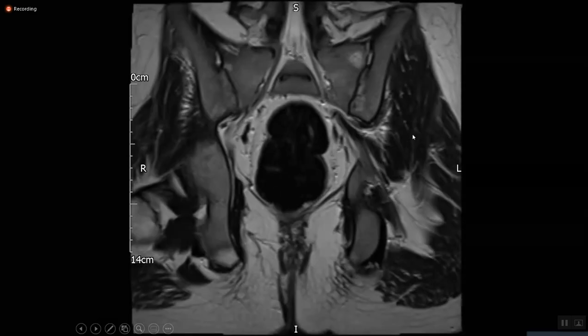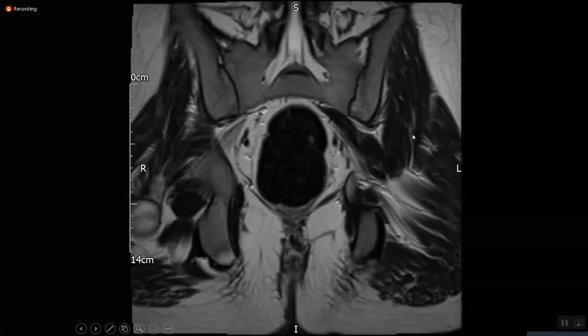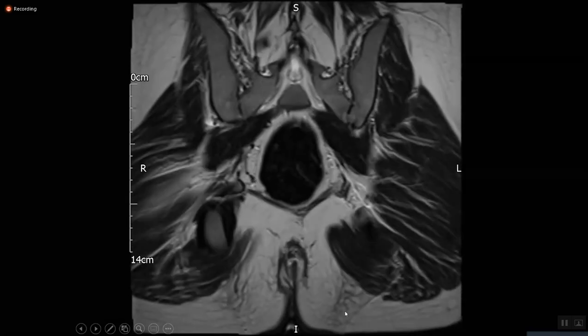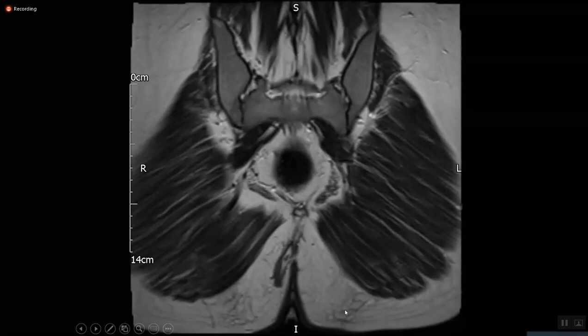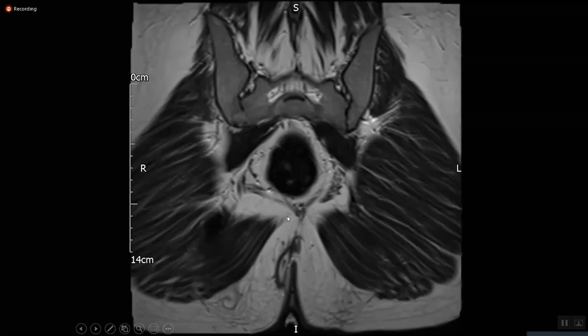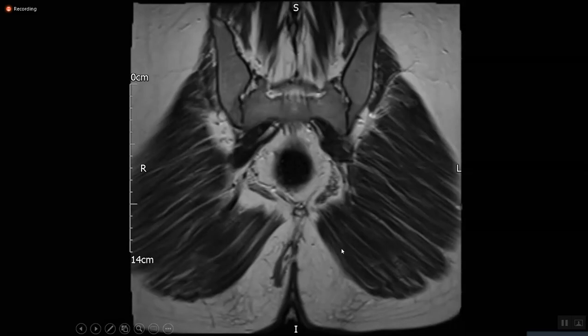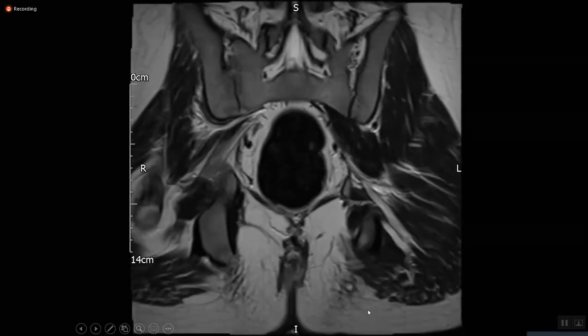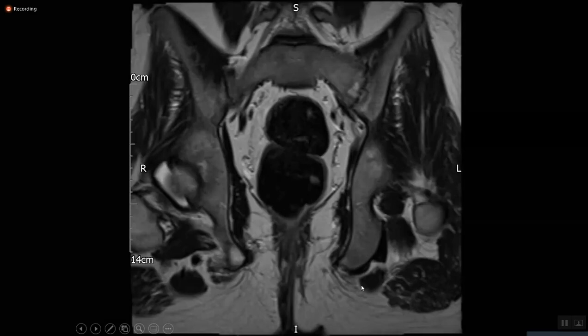I'd also have a look at the rectum and anal region for any evidence of inflammatory bowel disease. I can't scroll anymore. You cannot? Sure? Yeah, now I can. Okay, go to the next sequence, please.